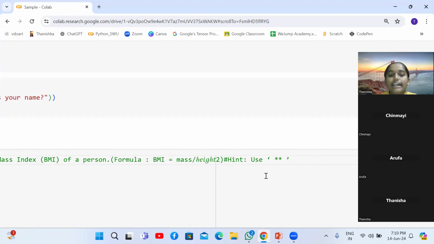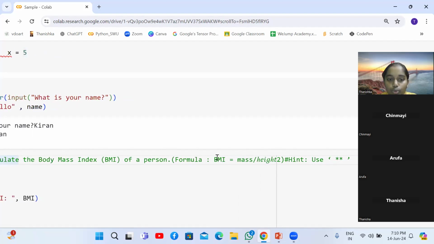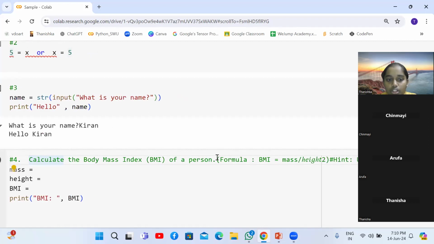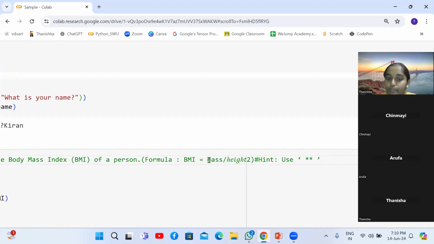Okay, that's good. So you know what you should do. You have to calculate the BMI of a person from the mass and height. Mass means the weight of a person, and then height of a person, and 2 means 2 times. After dividing, you're going to multiply.